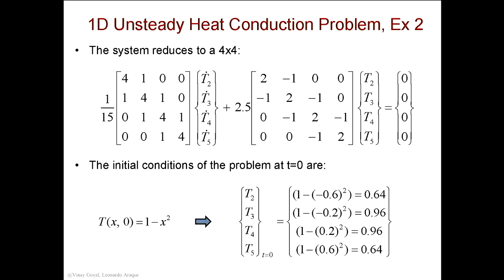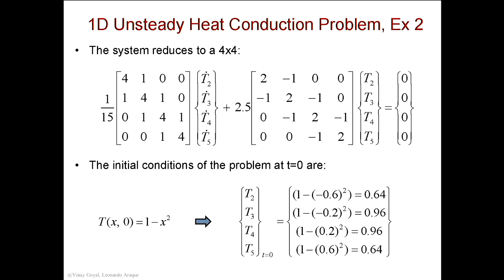Now I have a 4 by 4, and now I have to look at the initial conditions of the problem. I'm not done yet. I imposed the boundary conditions. Now I have to look at the initial conditions for the rest of them. We also noticed that the initial condition of the problem at t equals 0 was given by that. Remember that? So therefore, I can evaluate T2, T3, T4, T5 at time equals 0. We know it's 1 minus x squared.